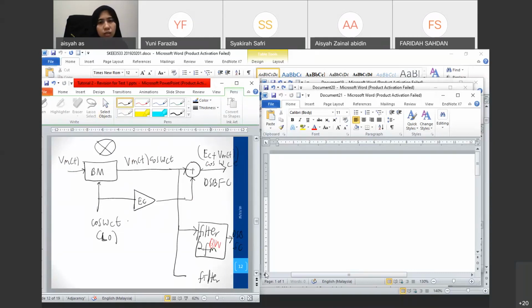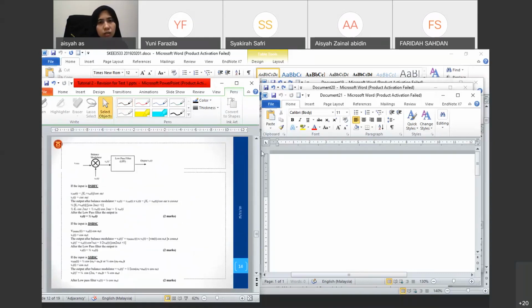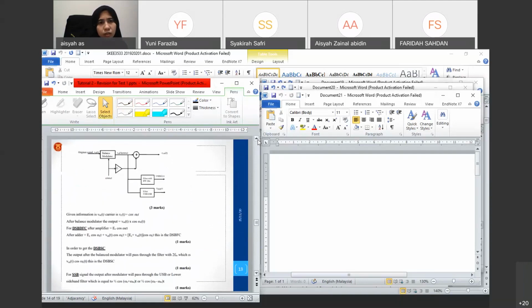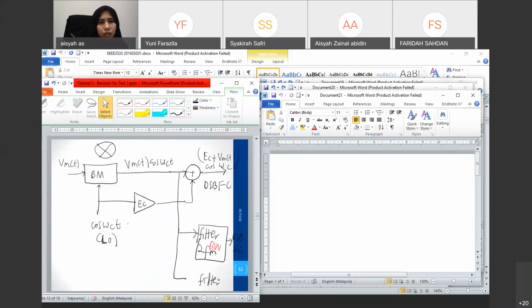We just set the filter to USB or LSB. Filter USB or LSB, so we get the SSB signal.